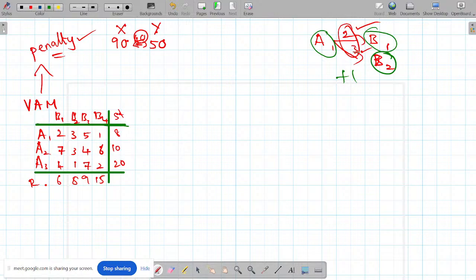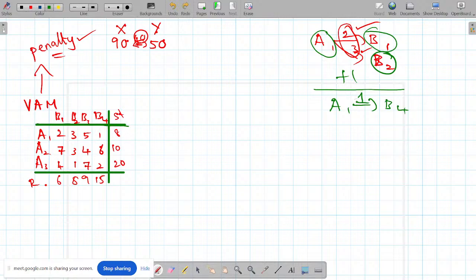Again, you can ask me, ma'am, if you apply this logic, then why not we consider A1 to B4? Yes, super question. When we consider A1 to B4, how much does it cost? 1 rupee. See here we have the table.